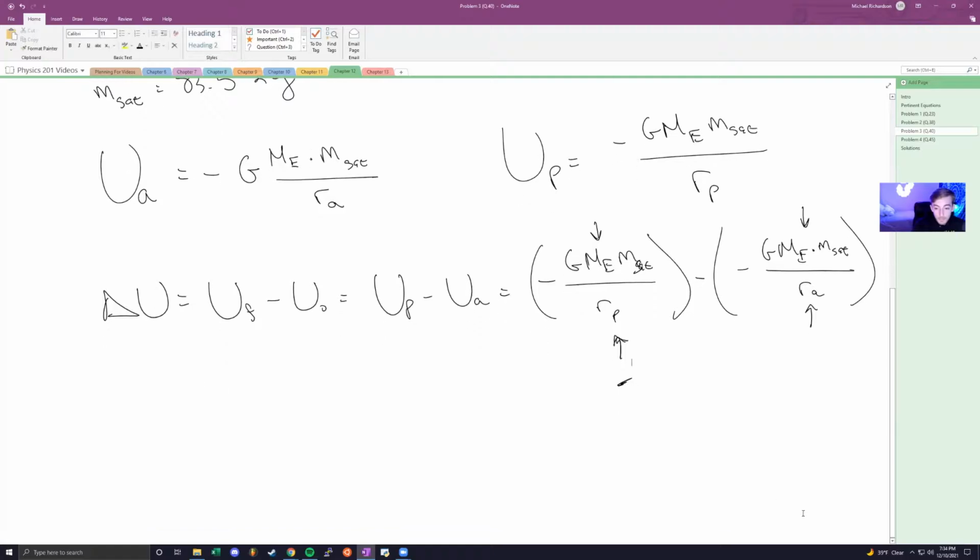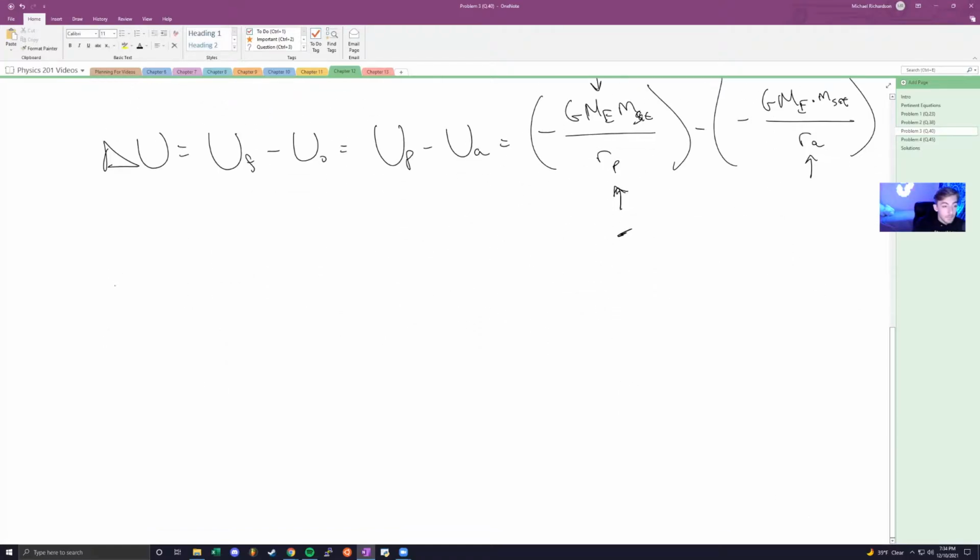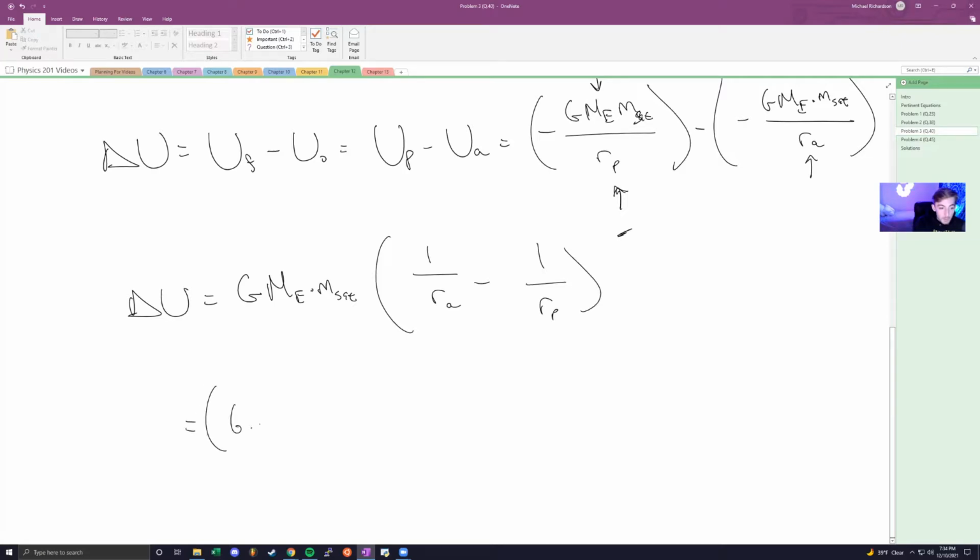So we will say that our change in potential is going to be G M_E times the mass of our satellite times 1 over r of a minus 1 over r of p. And by plugging in numbers, for the sake of time, I'm not going to include units right here.